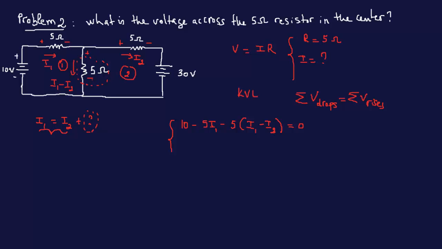Going from minus to plus is plus, so we have 5 times I1 minus I2. Going from plus to minus, that's minus 5 I2, and this is plus to minus, so that's minus 30 volt, equal to 0. So we just have to rearrange this and find our I1 and our I2.